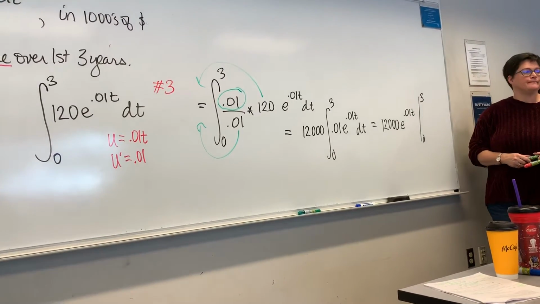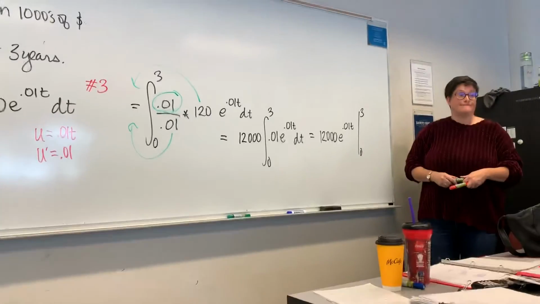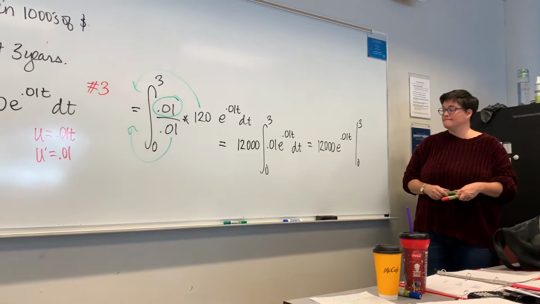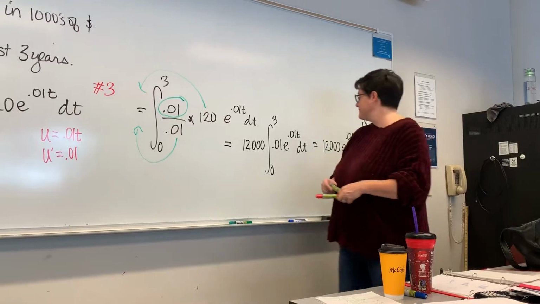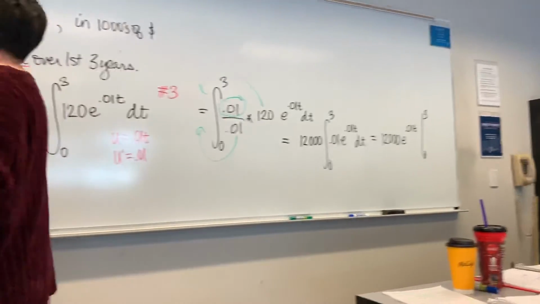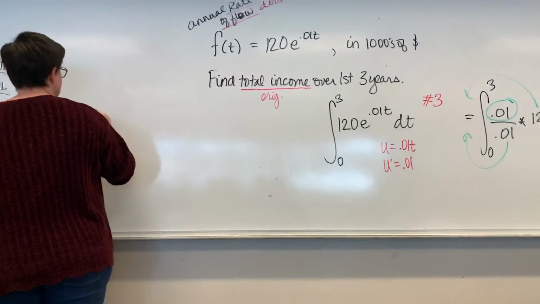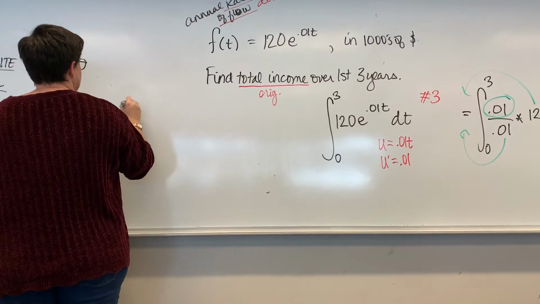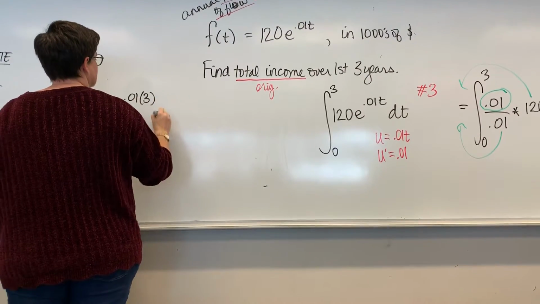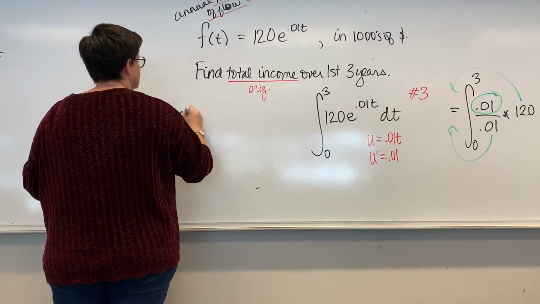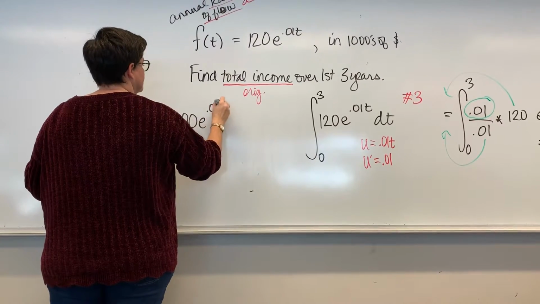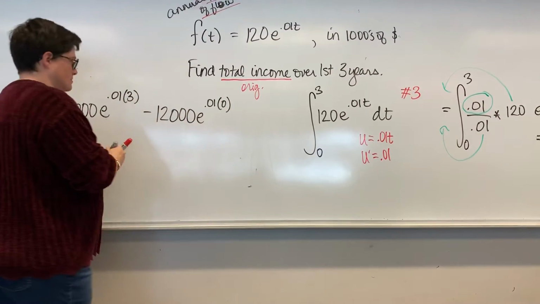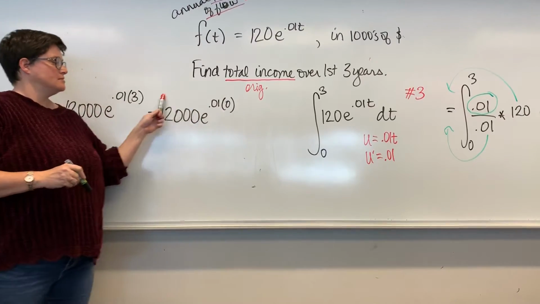Plug and chug. So we get 12,000 e to the 0.01 times 3 minus 12,000 e to the 0.01 times 0. Does this whole thing go to 0, guys?